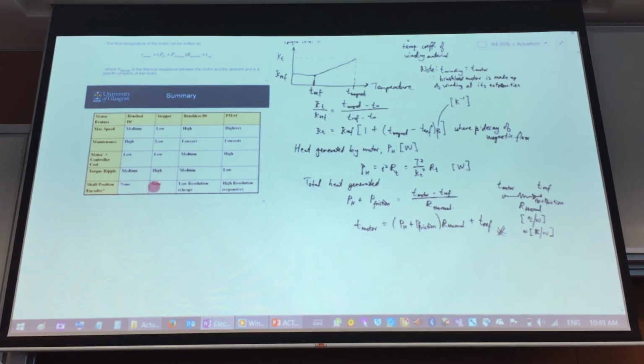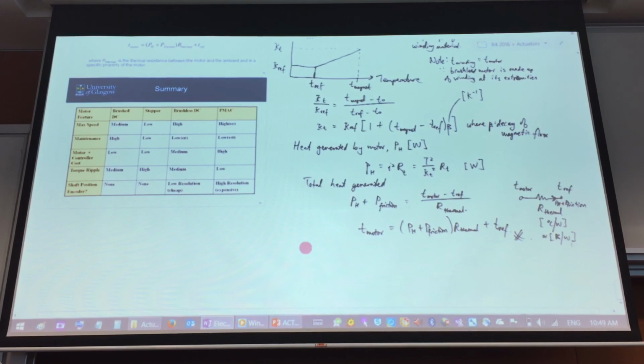There are some highlights. You can see that the stepper motor, even though it gives you a sense of positional control, the maximum speed is limited. For your brushless stepper PMAG, you can see all the maintenance is low. The brush is because of the brushes inside.